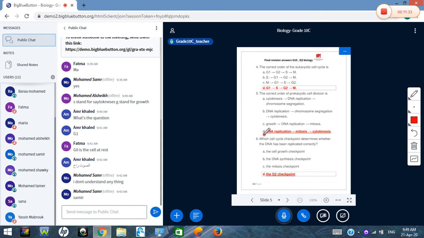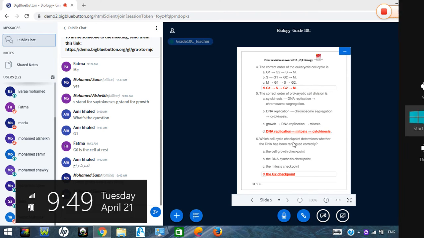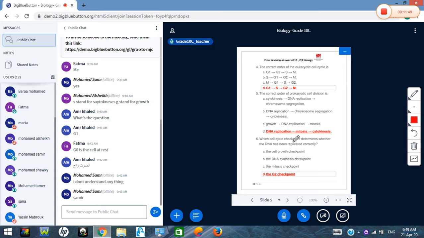The DNA replication, then mitosis, which includes 4 phases, and the last step of mitosis is cytokinesis. So the right answer is D.